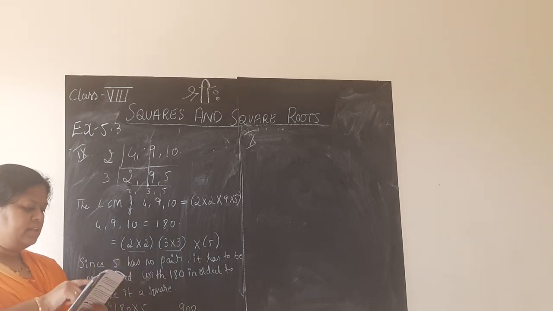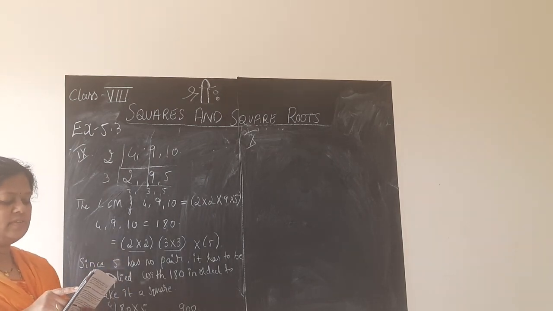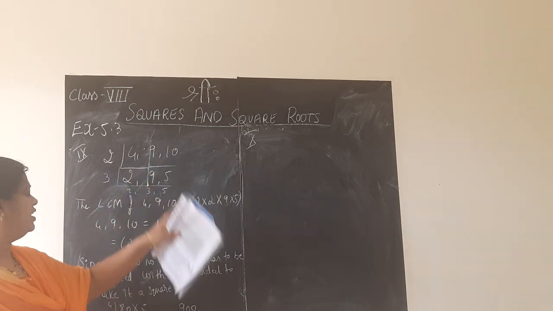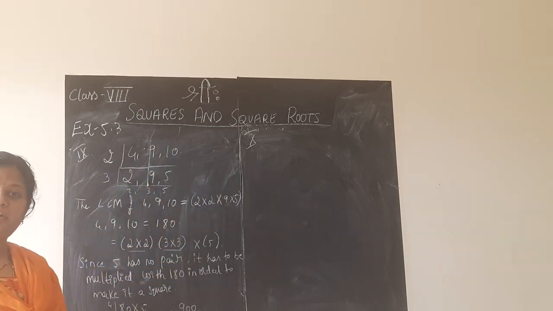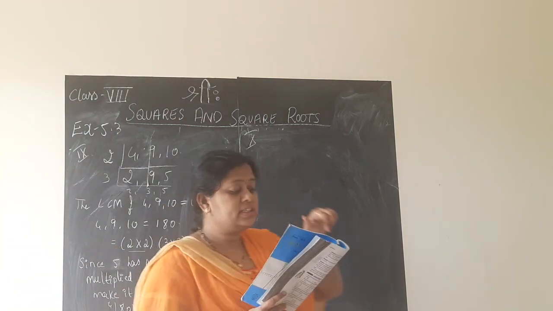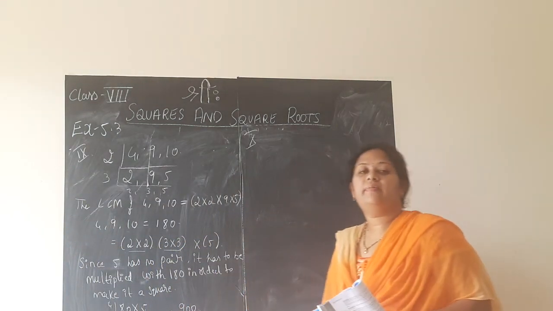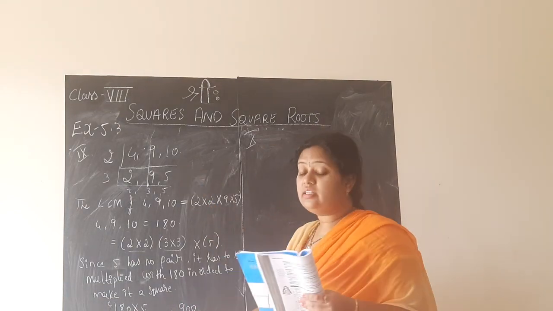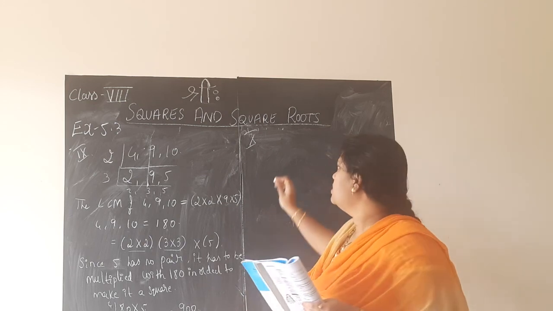Therefore, the smallest number that is divisible by each of the numbers 4, 9 and 10 is 900. What you will write? You will write the sentence from the question. That is about 9th one.